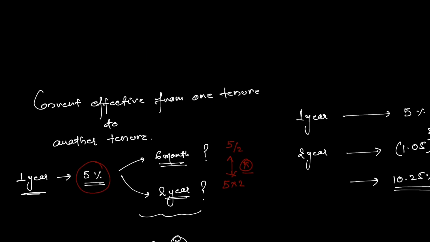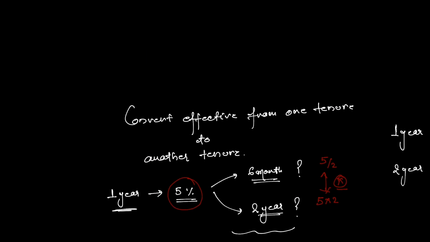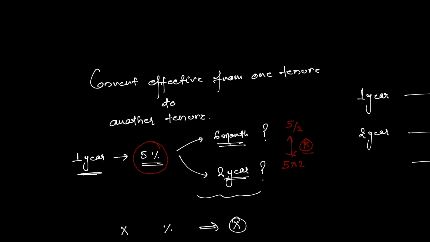So what you learned, the super important point, the most important point, is that if you want to convert the effective interest rate or effective return, to move from effective to effective, whatever tenure, you're moving from effective to effective of different tenure, then you play with what?